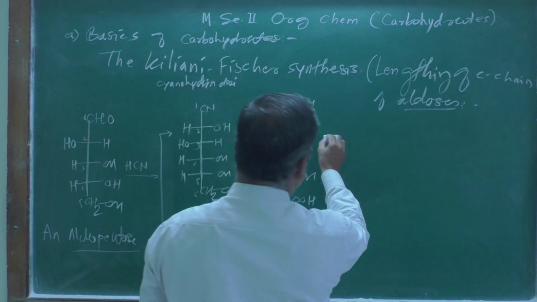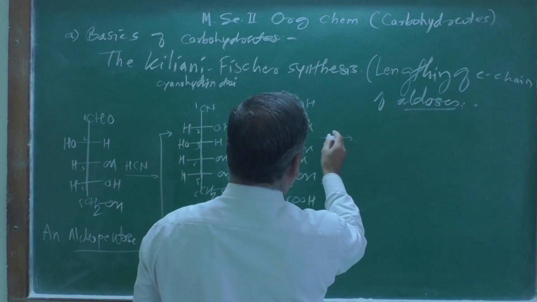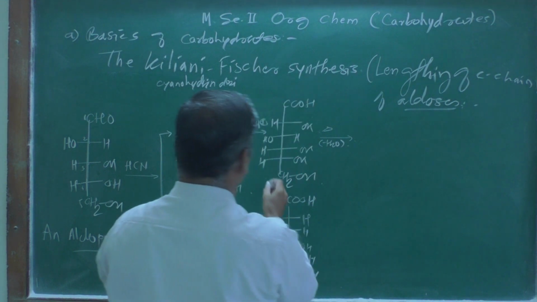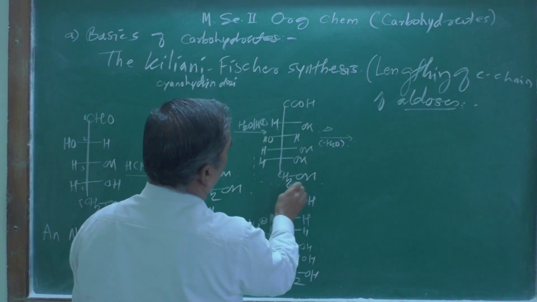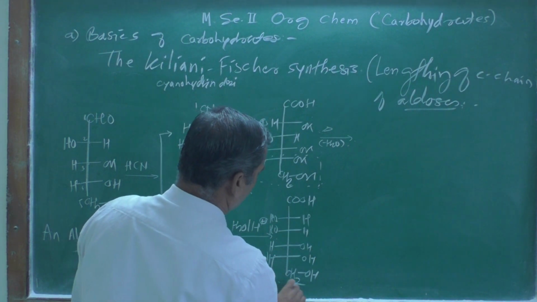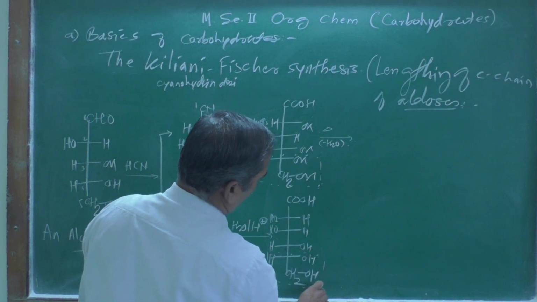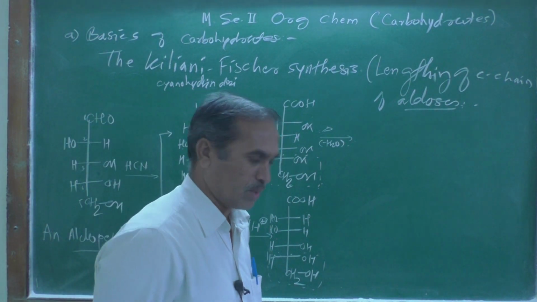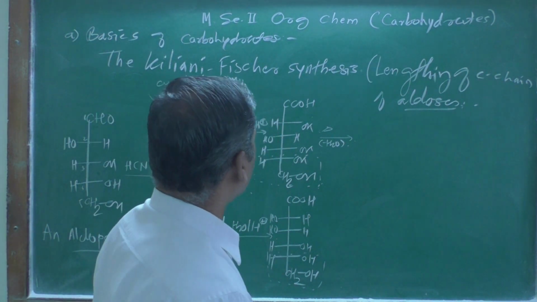Just by heating it, heat, just heat it, there is an elimination of a water molecule. Now remember, this is kept as it is. This part, that is the D part, as we know this is the lowest chiral center over there, and it remains as it is.